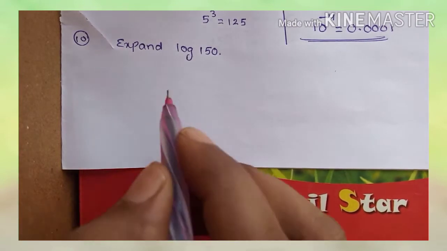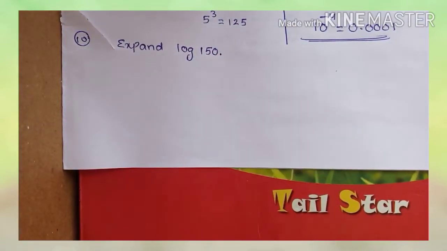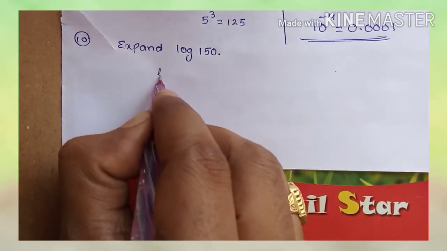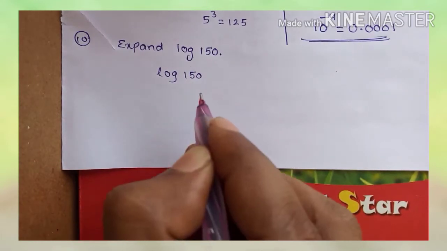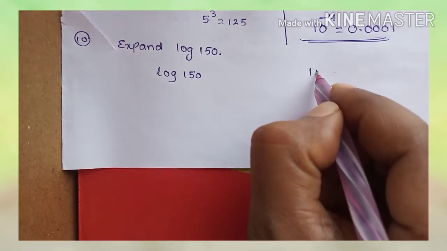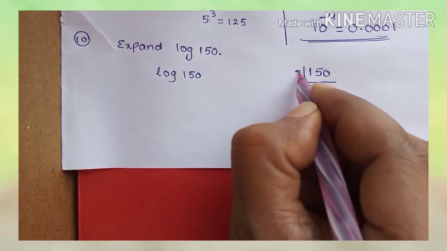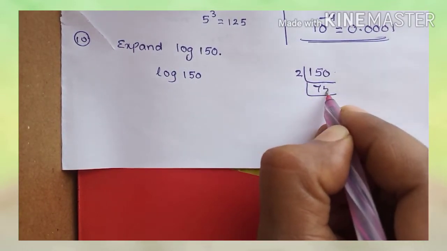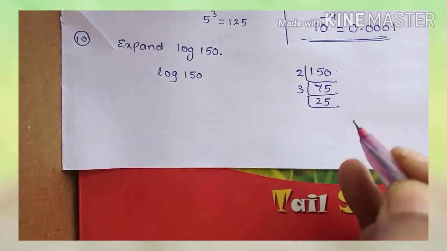Now the next one, expand log 150. Given value is equal to logarithm of 150. Expand: this is a given single log, we have to write in multiple logs, I mean 2 or 3 or so on. Now we have to do the prime factorization of 150. 2 fives are 150, 3 twenty-fives are 75.